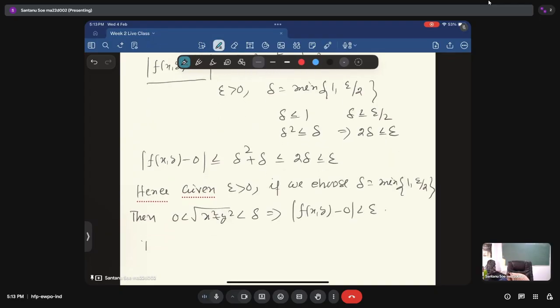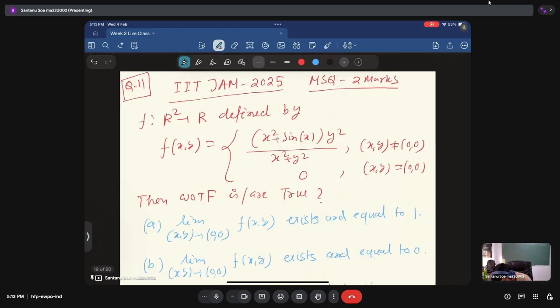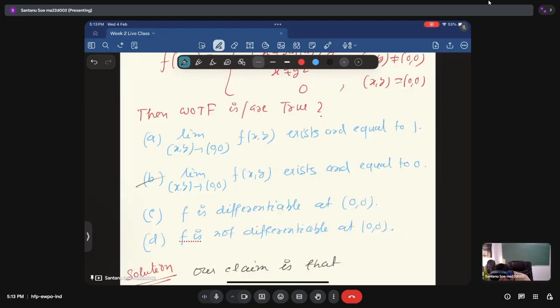And this implies that limit (x,y) tends to (0,0) of f(x,y) is 0. So that means our second option is correct.